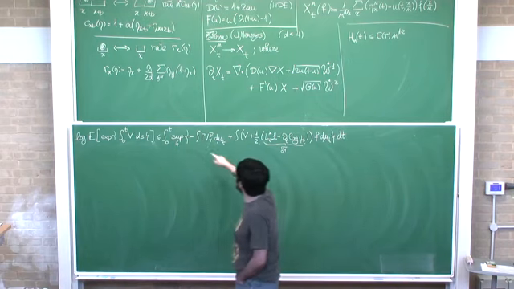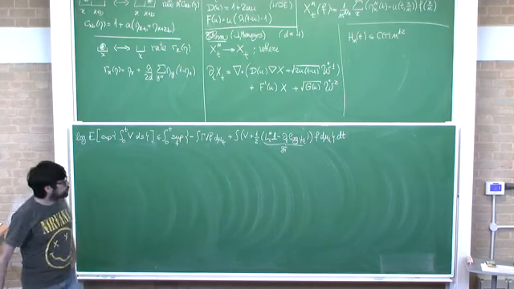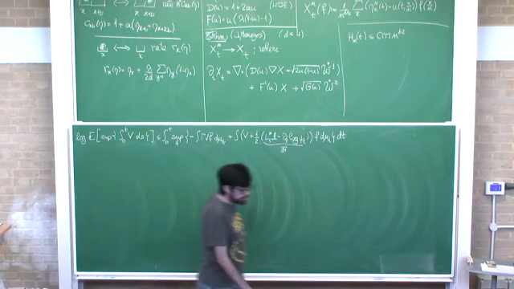Here the supremum is over all f which are densities with respect to the measure mu t.